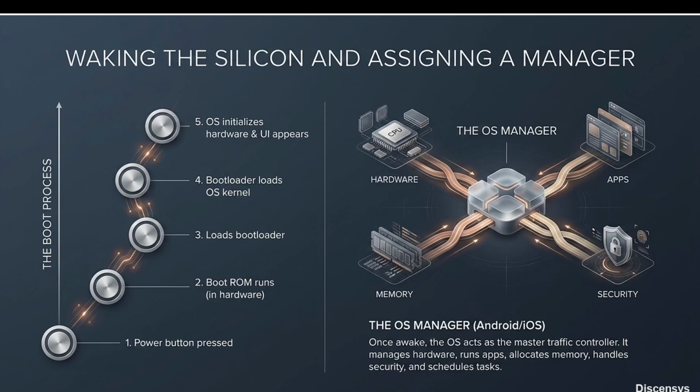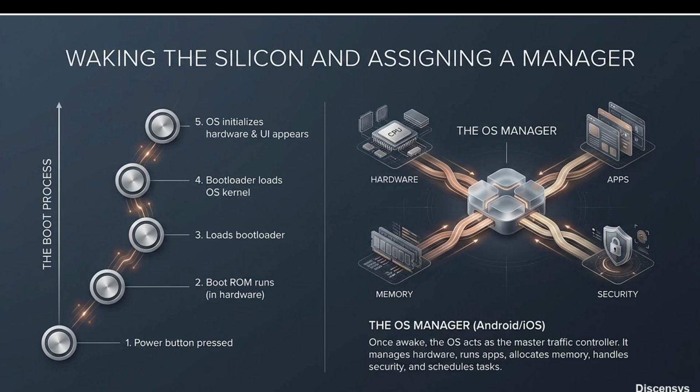Next, we have the bootloader to turn on the operating system and turn on our phone, and the bootloader is going to load the OS kernel. First, you need to know what an operating system actually is. An operating system is a system which manages the hardware and the software.